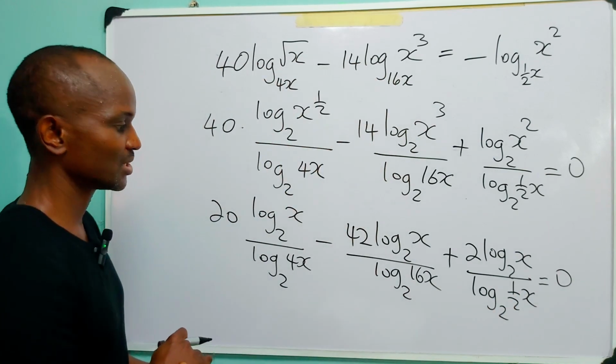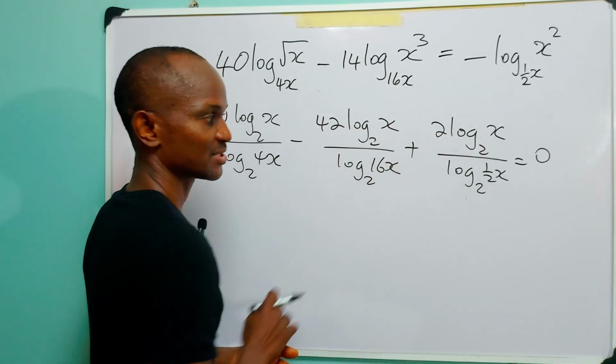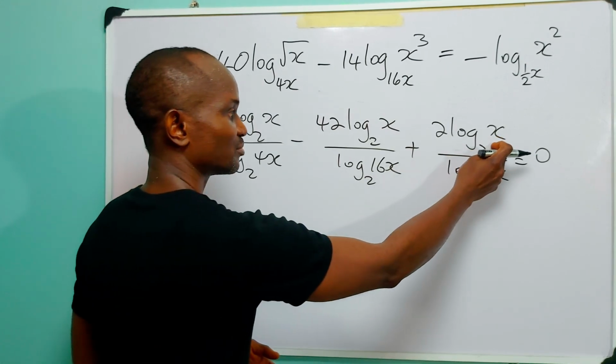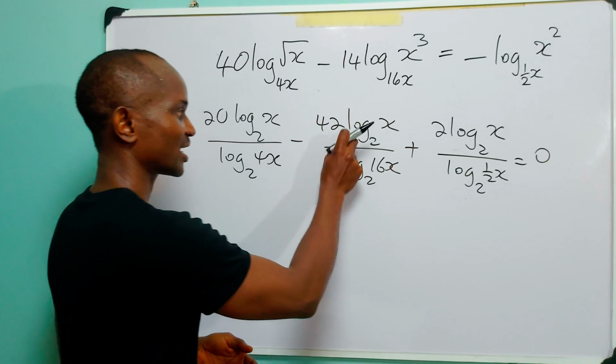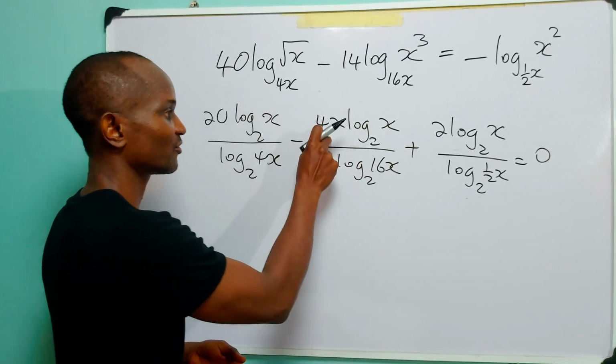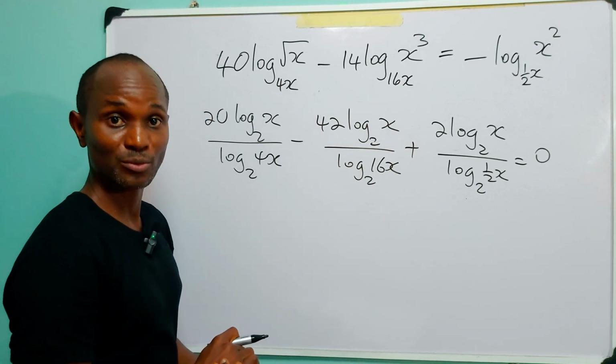Now when you look closely at these three terms, you can see that we have a common factor, because we have log to base 2 of x in each. And not only that, this is 20, 42, and 2. The three numbers are even, so they are divisible by 2.